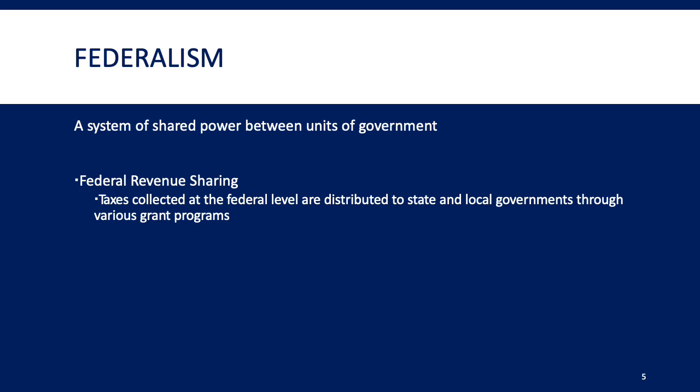So we have this sharing: federal revenue sharing. Usually taxes collected at the federal level, the ones that the national government collects, are then trickled down and distributed to state and local governments through different types of grant programs. Which groups or states would be more likely to support federal revenue sharing programs?